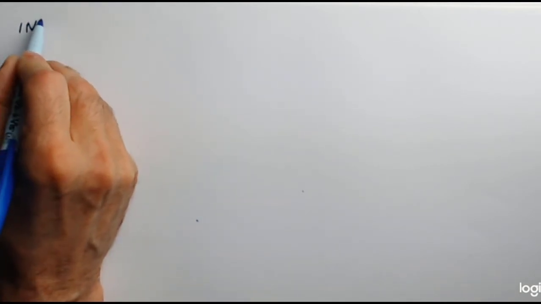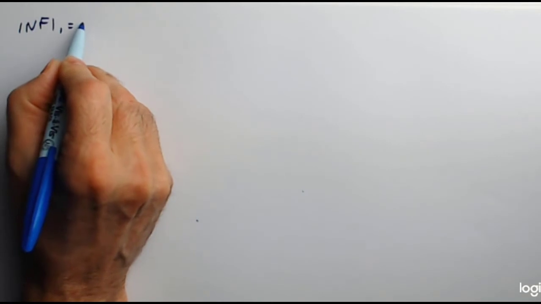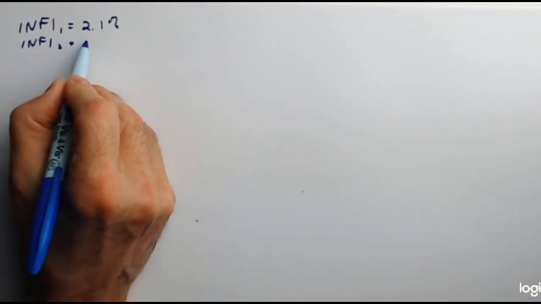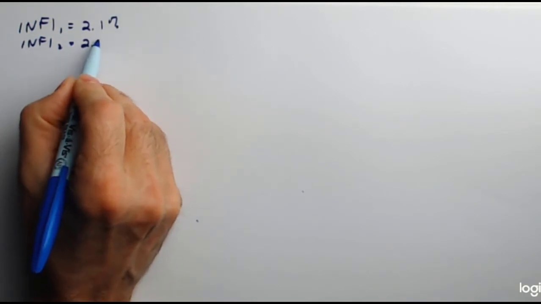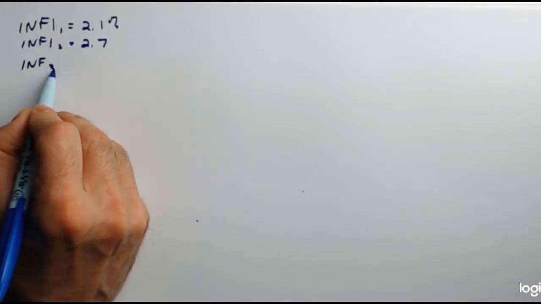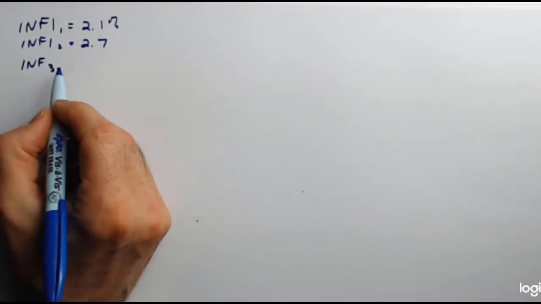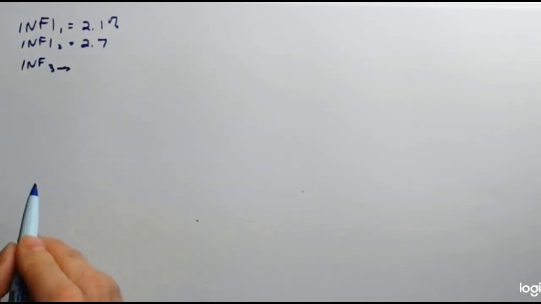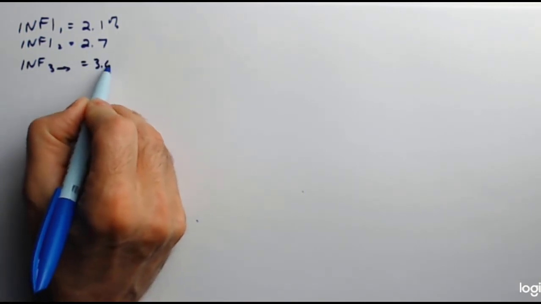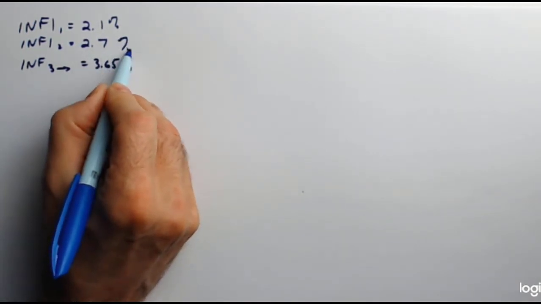Okay, given that information, INFL1 is 2.1%, INFL2, the inflation rate for the second year, is 2.7%, and INFL3 through to the end, for however long, because it says thereafter, is going to be 3.65%.